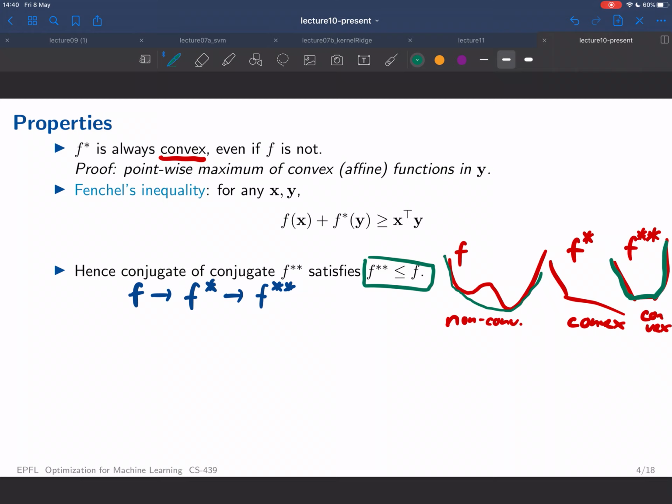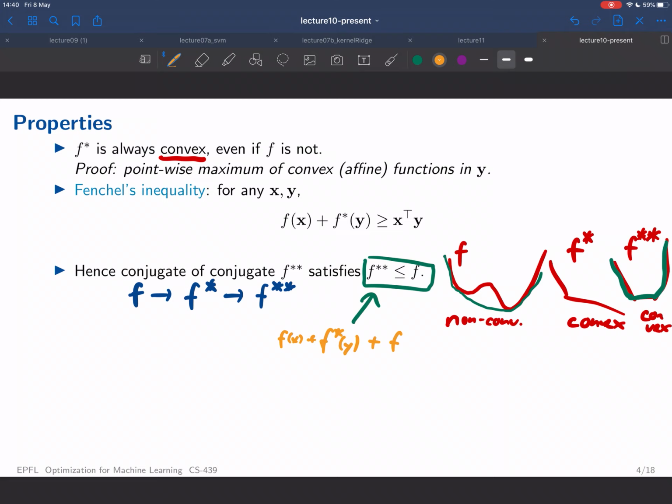And why do you get this? Of course, this is directly from the Fenchel inequality. You take the inequality, so f of x plus f star of y, and then you again add f of x.